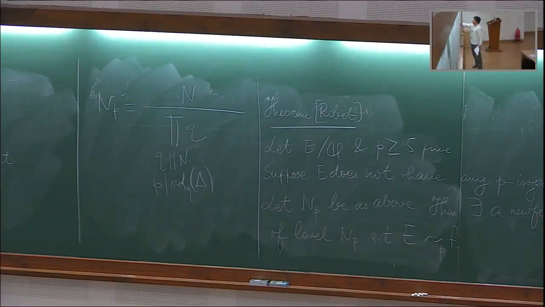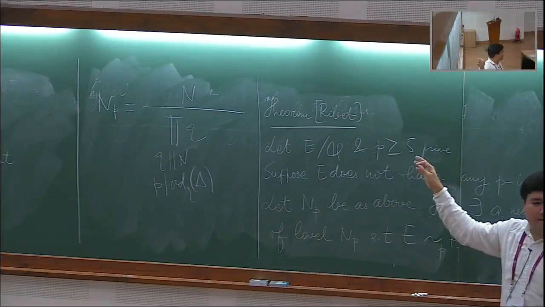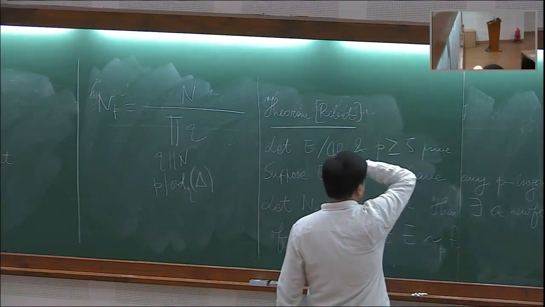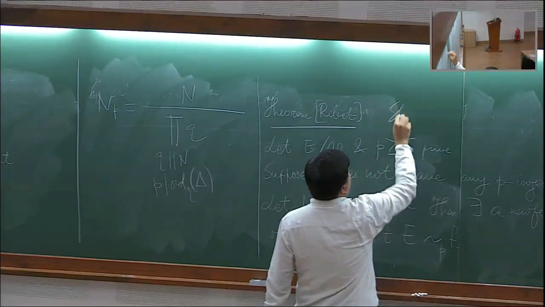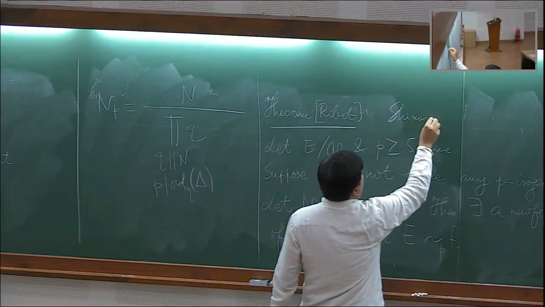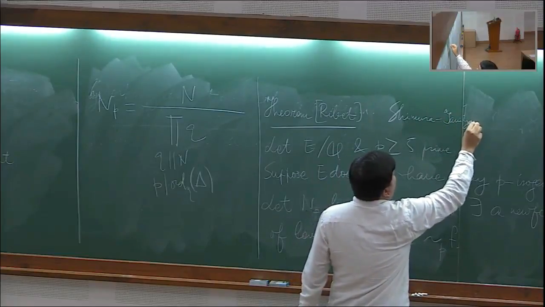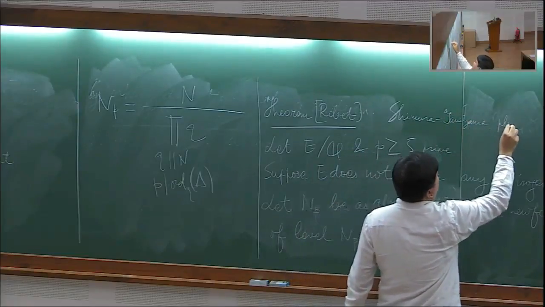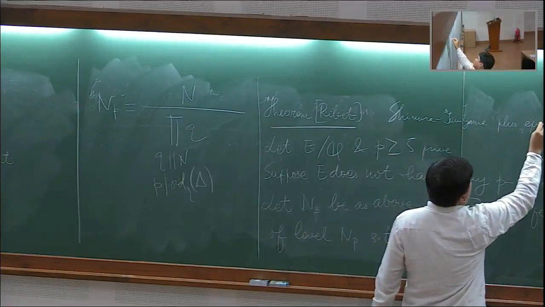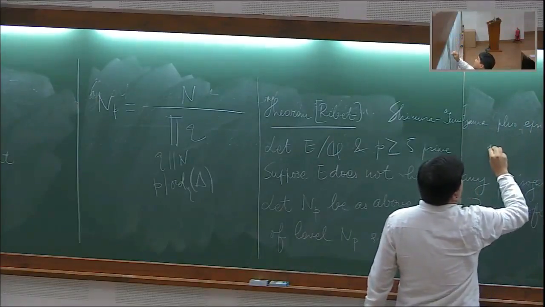Okay, so let's try to solve this Diophantine equation. This theorem of Ribet, you can read it in this paper called Shimura-Taniyama plus epsilon implies Fermat.